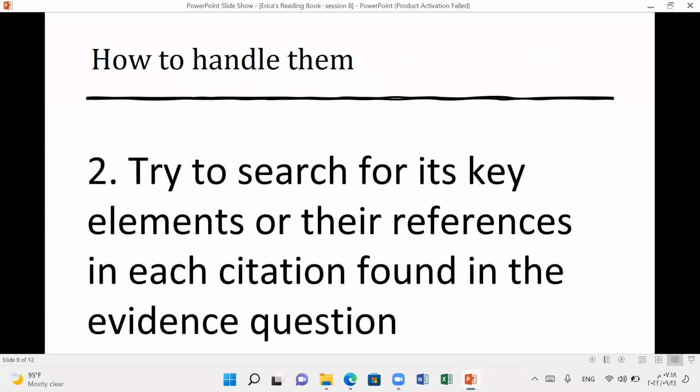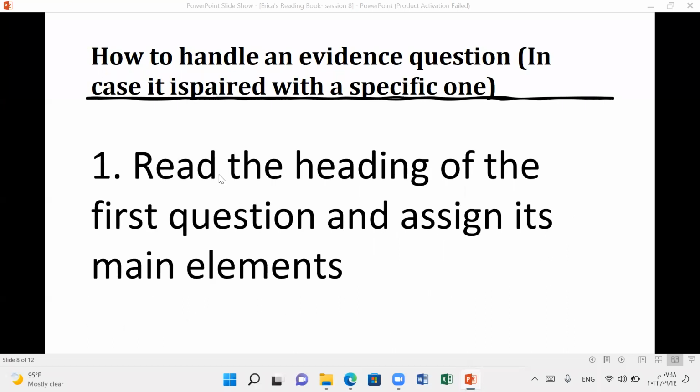Step number two: try to search for its key elements. Now remember that I told you to assign the main elements of the first question. Now we're dealing with the paired one, okay?